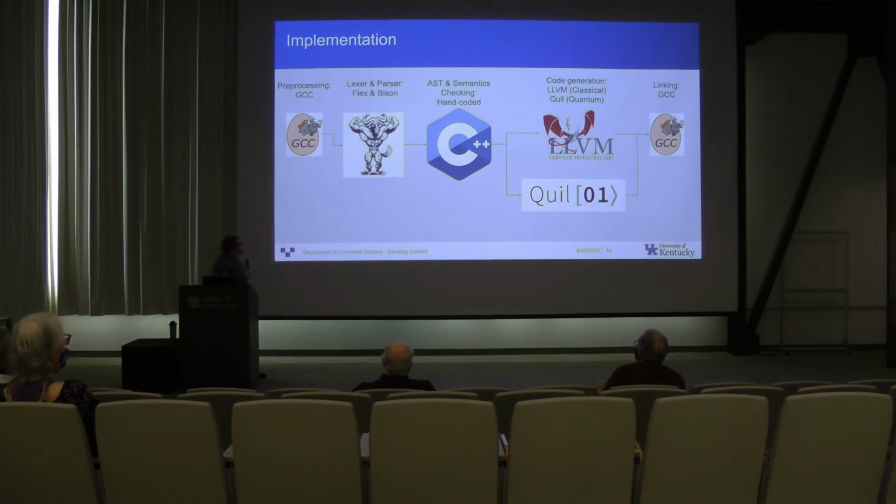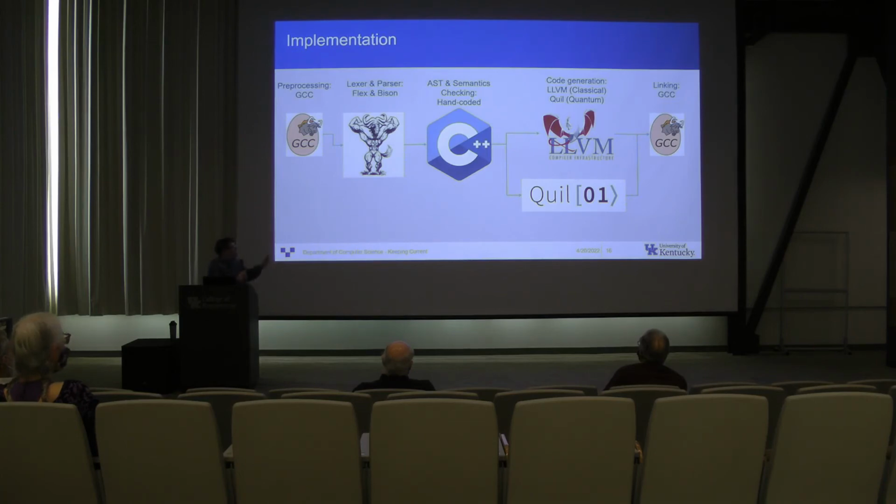With the lexer and parser parts, I used Flex and Bison. You've heard of Bison, it's essentially the same thing. That generates the part where ultimately I get to an abstract syntax tree. The AST and the semantics checking part is hand-coded by me in C++.